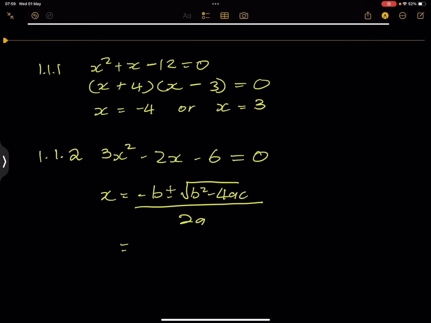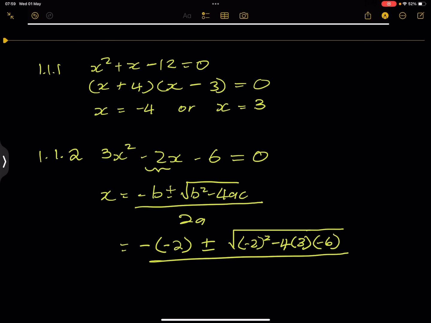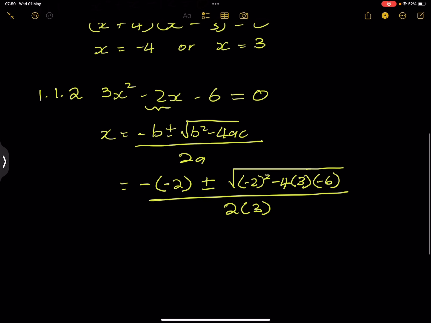So our b value is negative 2, so substitute negative 2 there, plus minus the square root of negative 2 squared minus 4 times our a value, which is positive 3, and our c value, which is negative 6, and all of this divided by 2 times our a value, which is positive 3.